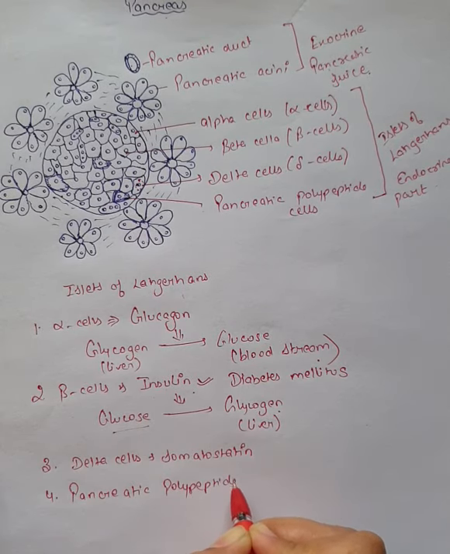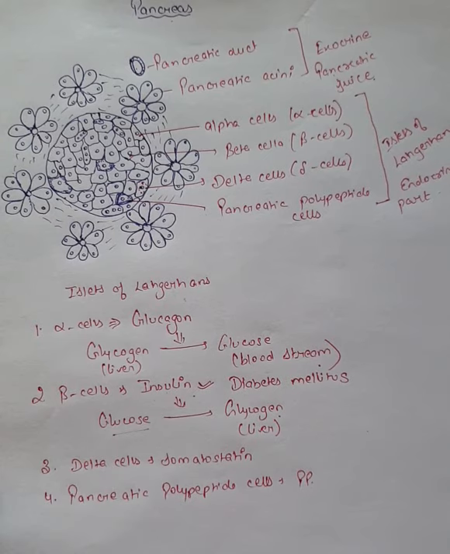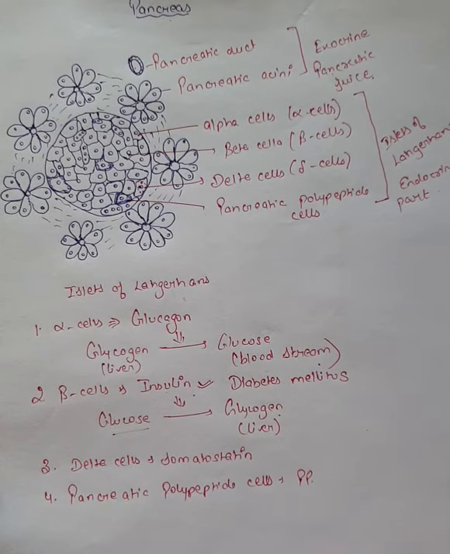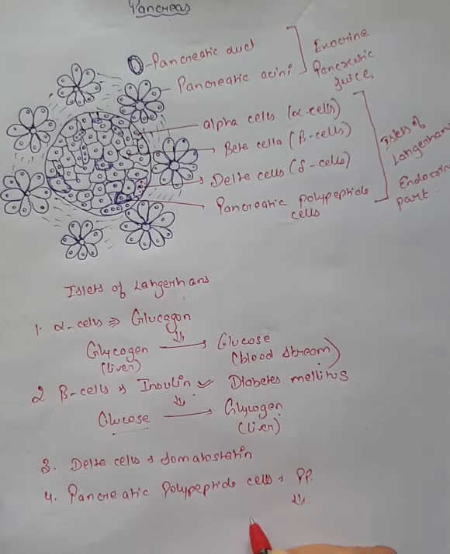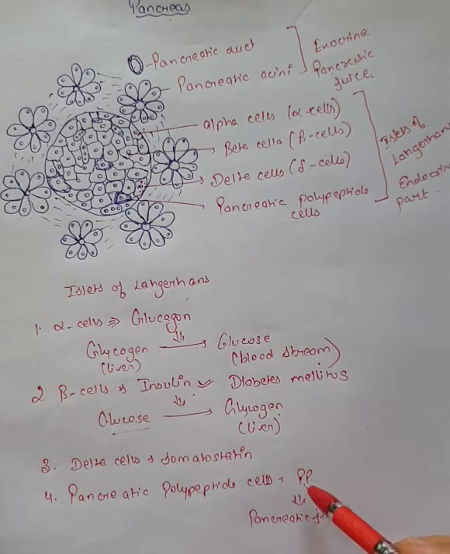These cells release a hormone that is pancreatic polypeptide, which also acts as an inhibitor, inhibiting the secretion of pancreatic juice. That means it works on the exocrine part of the pancreas, and inhibition of pancreatic juice takes place because of the pancreatic polypeptide.